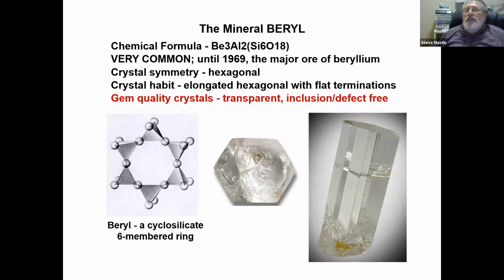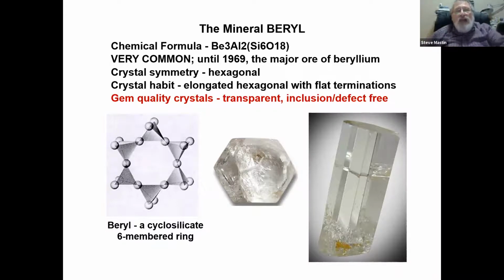It's called Bertrandite, and it's all over Utah specifically, but it's loaded with beryllium compared to just a few atoms in beryl. There you see the cyclosilicate six-membered ring at the bottom that we showed before.